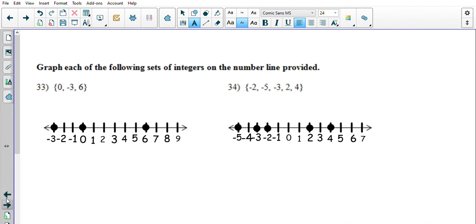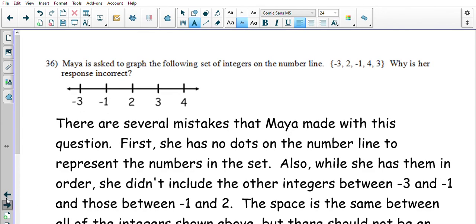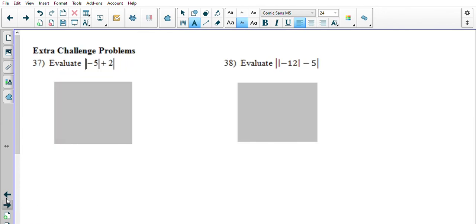All right, we are almost done. Let's get through our last 2 questions so Mrs. Garcia can enjoy the rest of her weekend because it is a Friday for me. So number 37, it says to evaluate the absolute value of -5 plus 2. Whoa, double absolute value. You're in pre-algebra. You're expected to be able to do double absolute value.